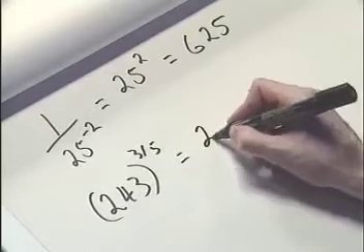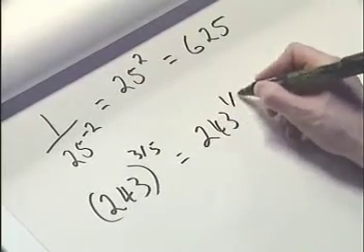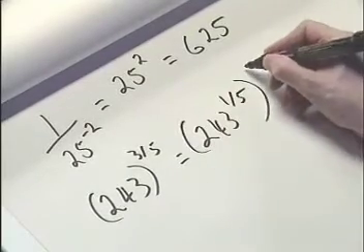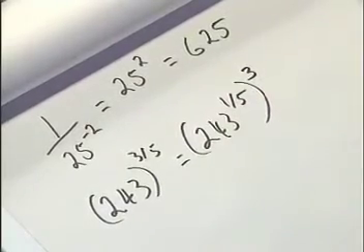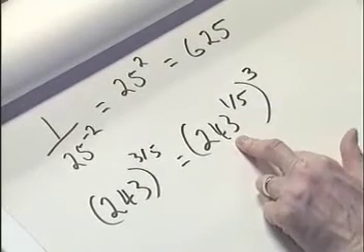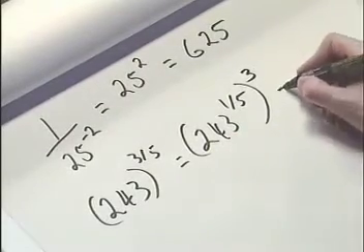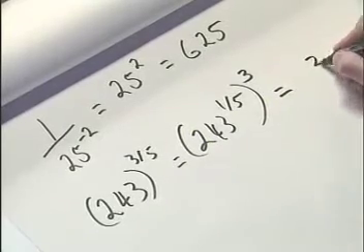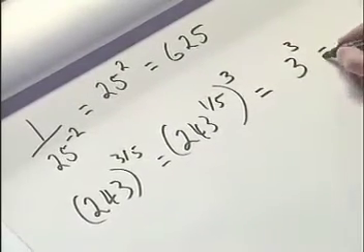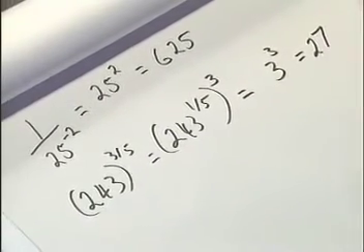Let's do the 5th root first and then the cubing. Well, 243, that's 3 multiplied by itself 5 times. So that is 3 raised to the power 3, and that's 27.